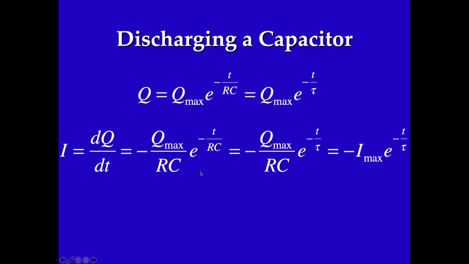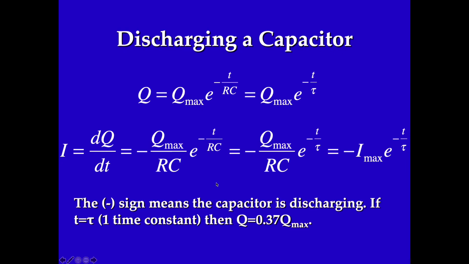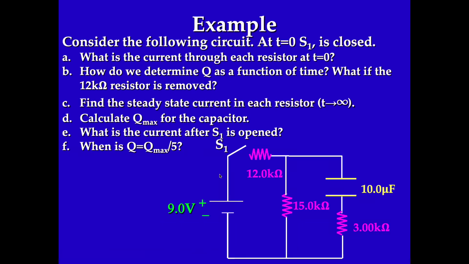And I think, if I remember correctly, our book writes it this way, and I don't like it this way. And really, we don't worry about the minus sign when we solve problems anyway. So after one time constant, the capacitor is charged at 37% of its maximum value.